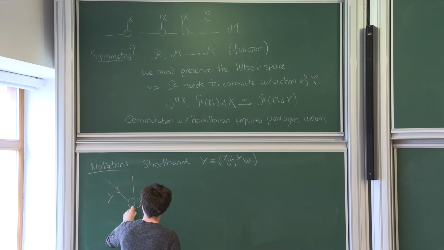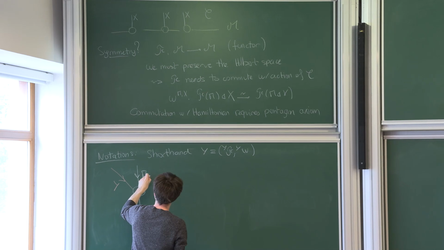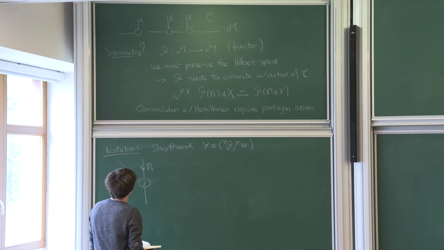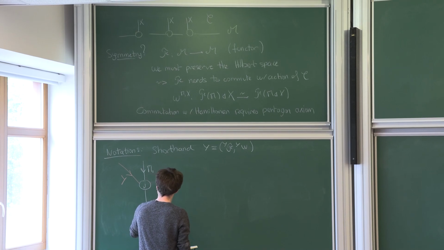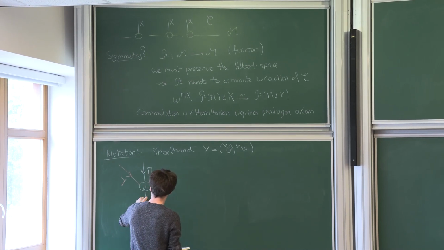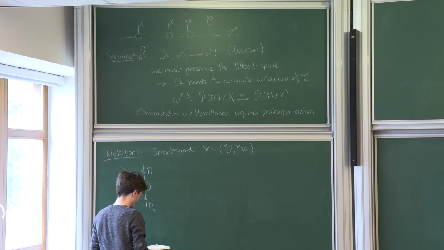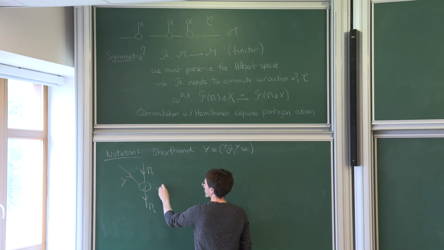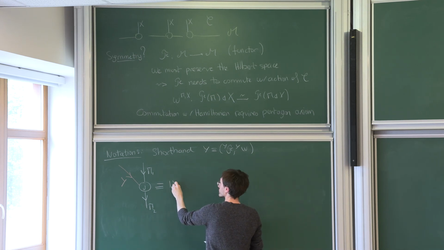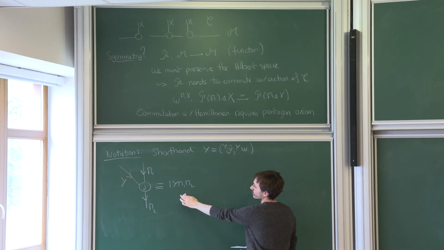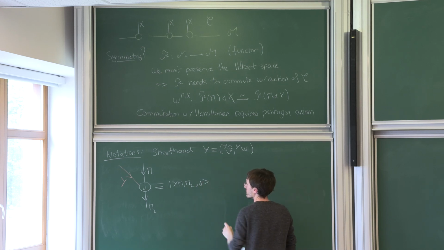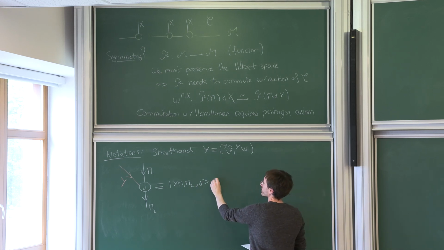And here we have a degree of freedom in M, an object in M, simple, and here another one. What this represents is a vector, where y, m1 and m2 label which vector space I'm talking about, and j is a basis vector in this hom space.